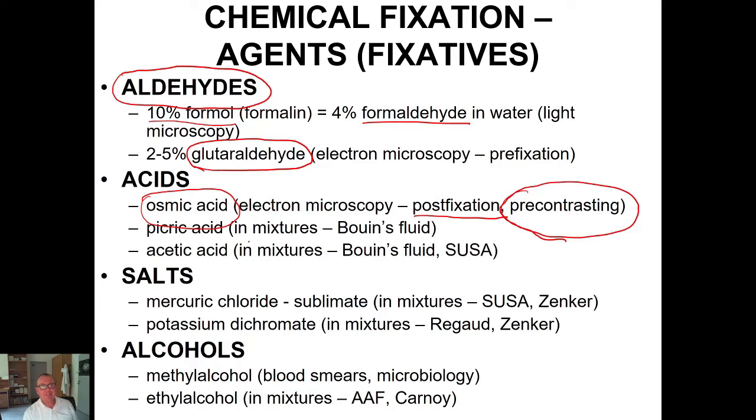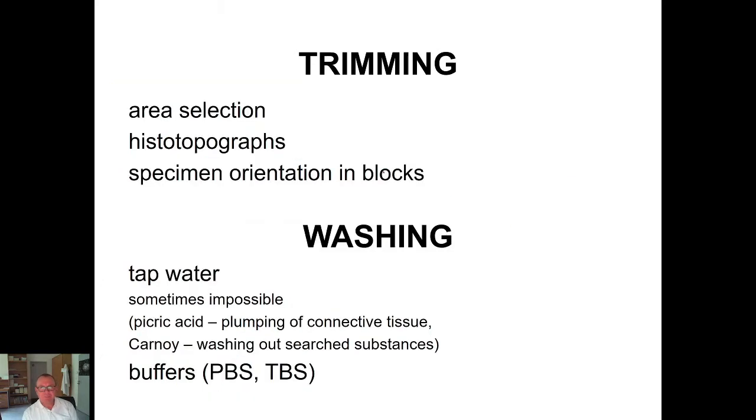And then there exist many other acids, salts, alcohols. Look at them, read them in the presentation, but I think it's not necessary to speak more about them. So let's remember that aldehydes are the most important chemical fixatives.